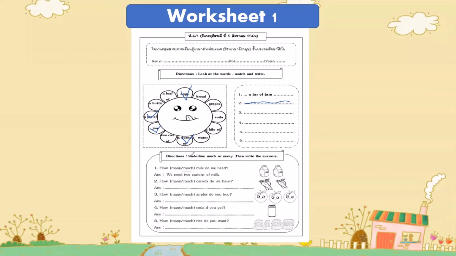Next, underline much or many, then write the answers. As you can see, number 1, how much milk do we need? Now, answering it, we are going to start with we. We need 2 cartons of milk. We have 1, 2. If you can see, we are going to use we. Now, how about you?